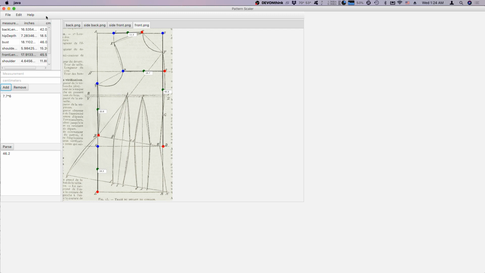So there are 9 measurements here that are required for this pattern. I'm just reading through the pattern instructions, which are in LMP number 1 from December 12th, 1891.